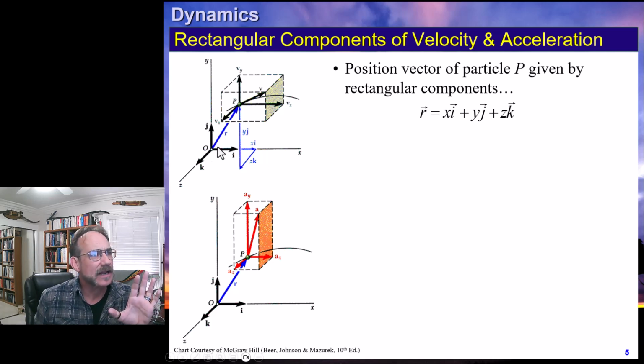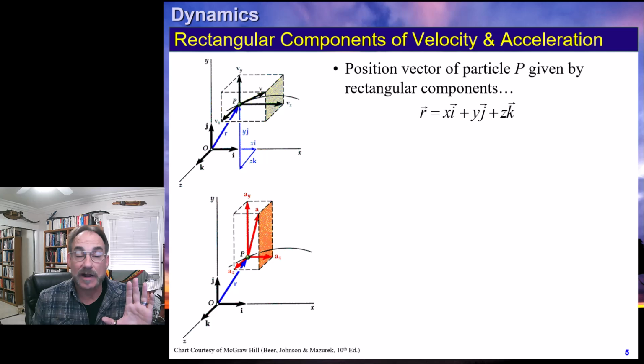Looking here again at three-dimensional motion, these pictures are out of Beer and Johnston's book. We have a three-dimensional coordinate system drawn, x, y, z. We've got the particle P at some point x, y, z. So the position vector, r, is just x times i, right?